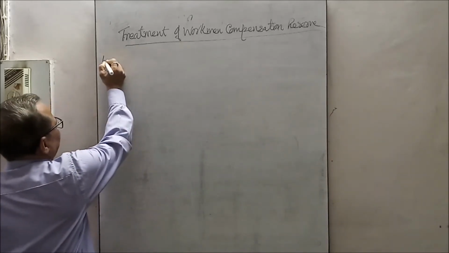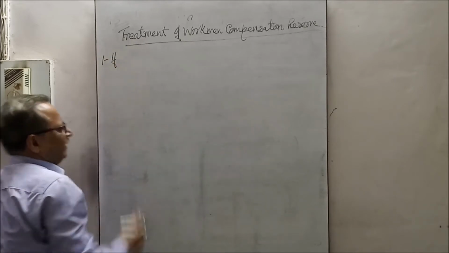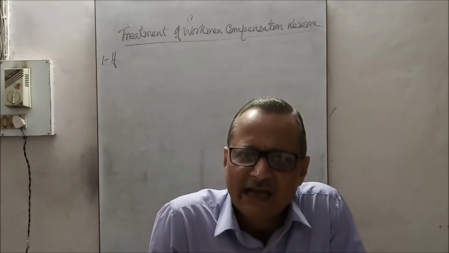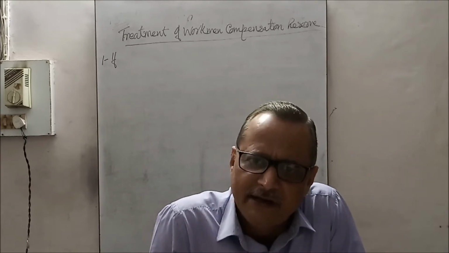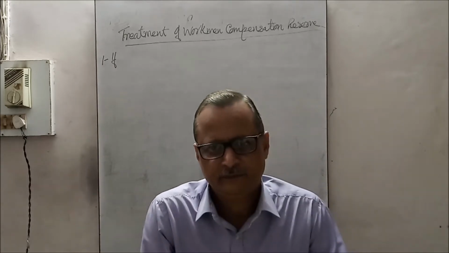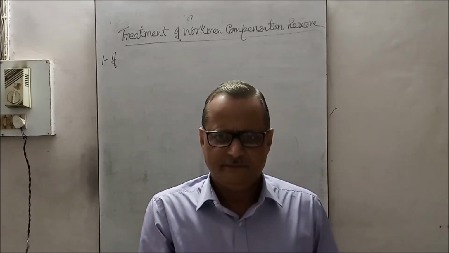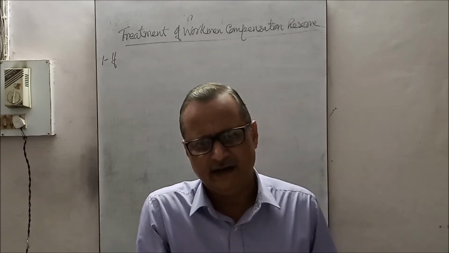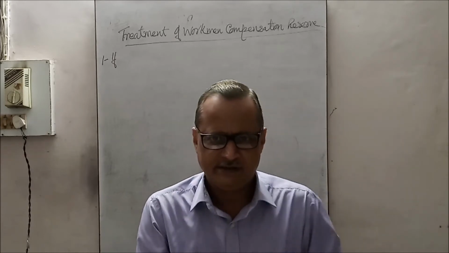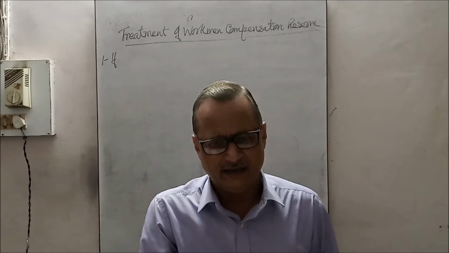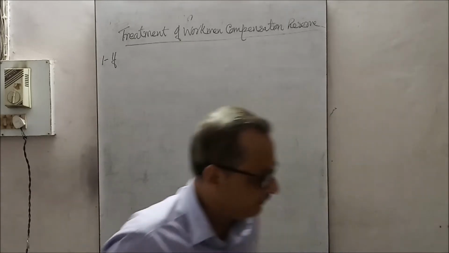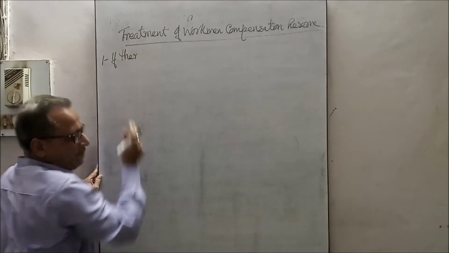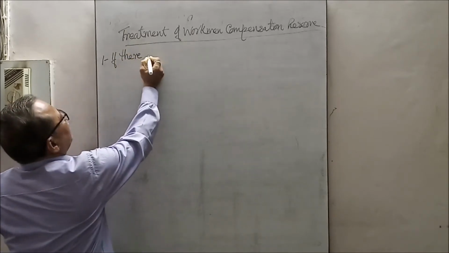First, if workmen compensation reserve is appearing in the books, on the liability side of the balance sheet. It is existing; the reserve was earlier created. Now admission is taking place. Then what circumstances are there? Now, if there is no claim at the time of admission, there is no claim.